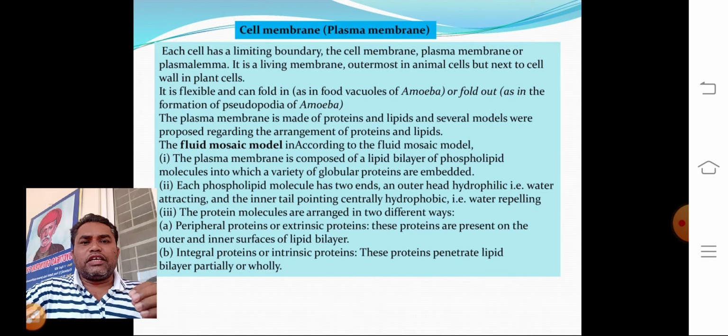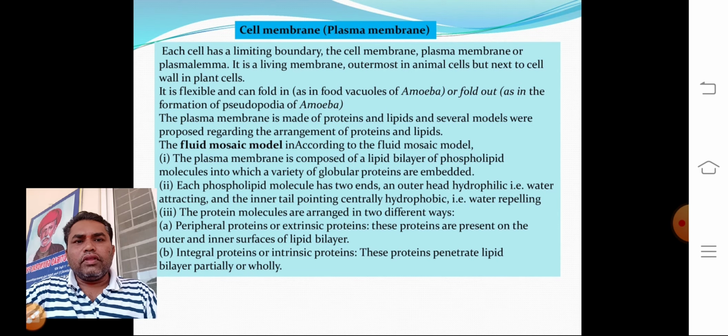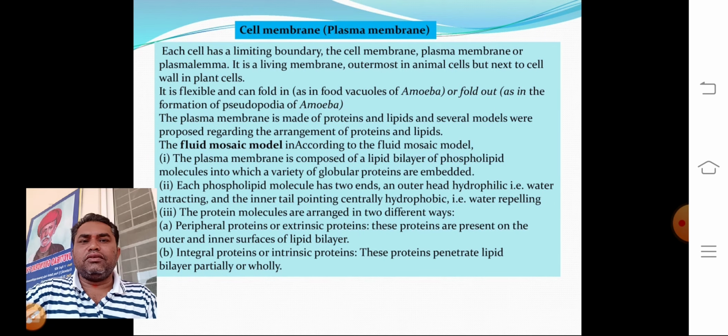The plasma membrane is made up of two important components, namely proteins and lipids. To explain the structure of the plasma membrane, several theories came forward, but the best theory, which we study today, is the fluid mosaic model.